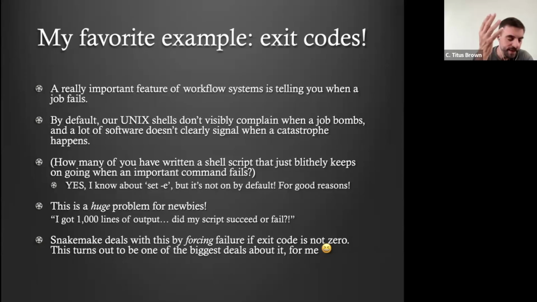And Snakemake, like any good workflow system, will say, hey, dude, your command failed. I'm going to delete the output, because probably it's not legit. And it took me a couple of years to realize that a major reason for me using Snakemake was that I just no longer had to worry about this. It's like a psychological safety blanket. Snakemake would alert me when a command actually had an exit code that was a fail.